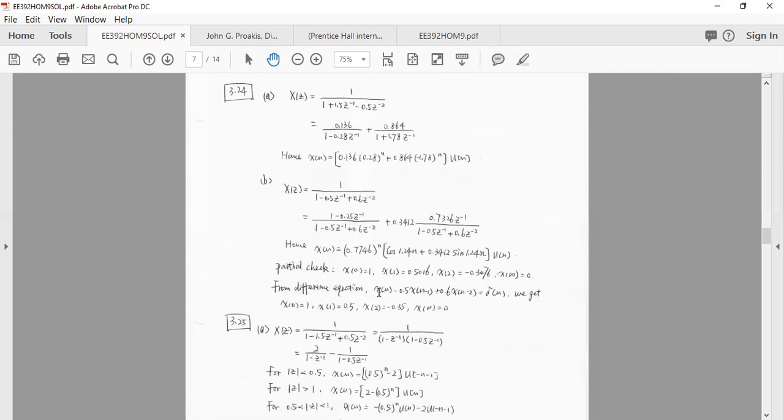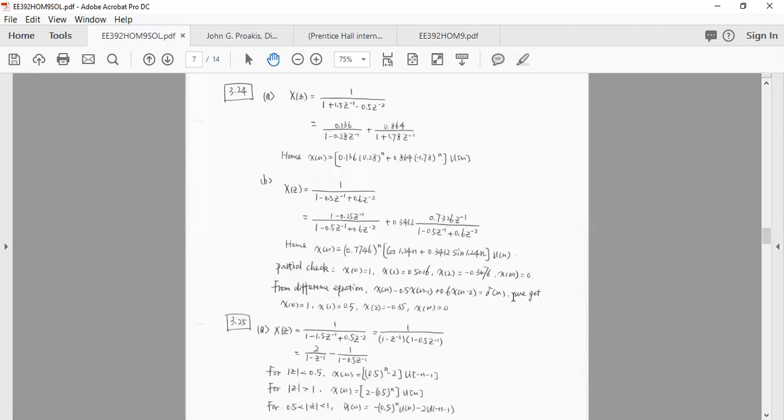Taking the inverse transform gives x of n minus 0.5 x of n minus 1 plus 0.6 x of n minus 2 equal to delta n.